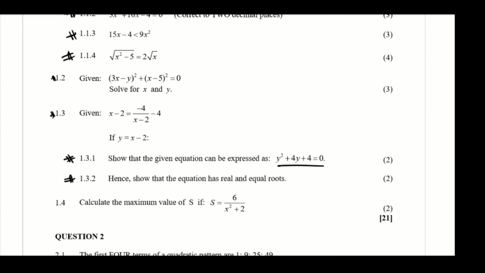You're going to 1.3.2. Hence, show that the equation has real and equal roots. So for us to do this problem, you must know your nature of roots. If you have a discriminant that is less than 0, you know that is non-real.